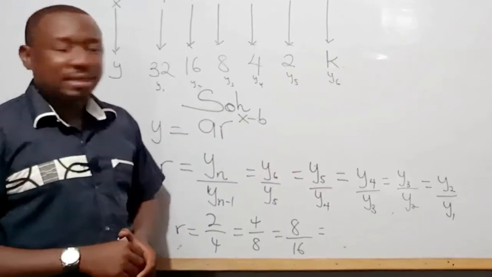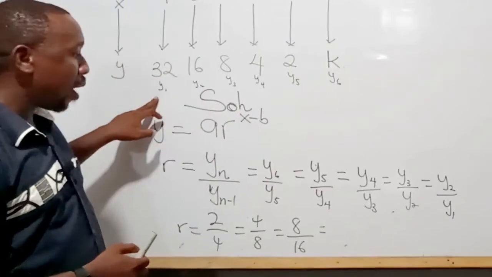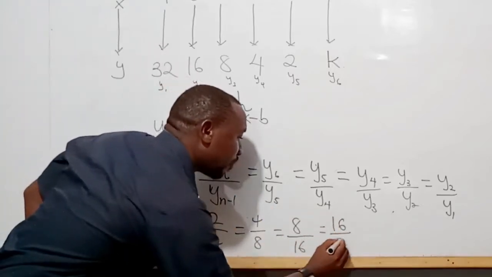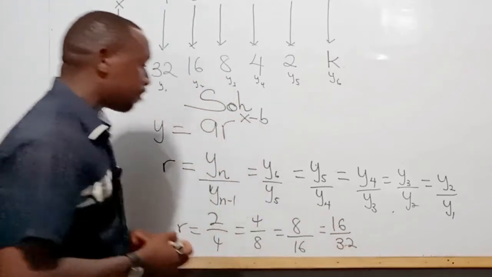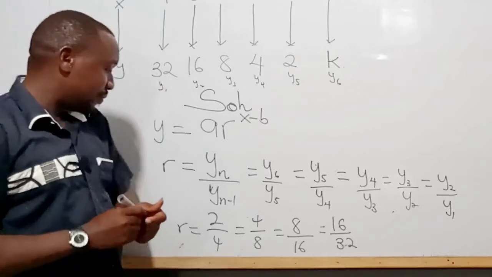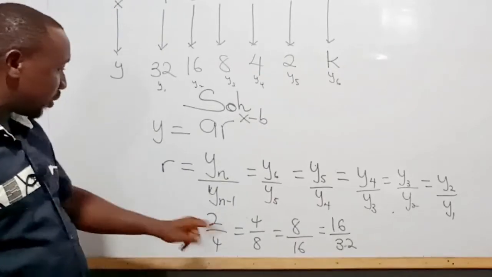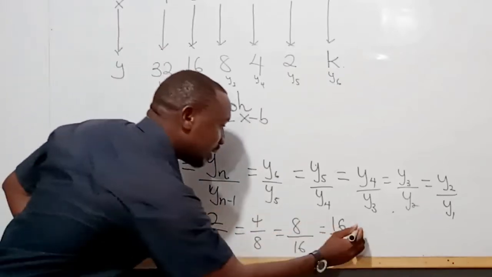And then y sub 2 over y sub 1 will be 16 out of 32. And this R is the common ratio. Now let's check the figures here.